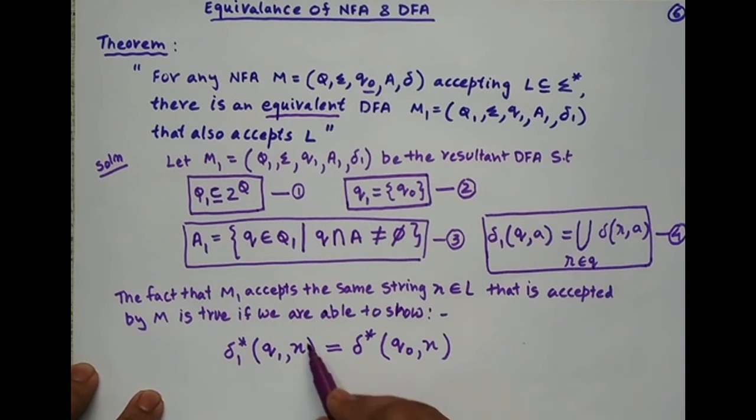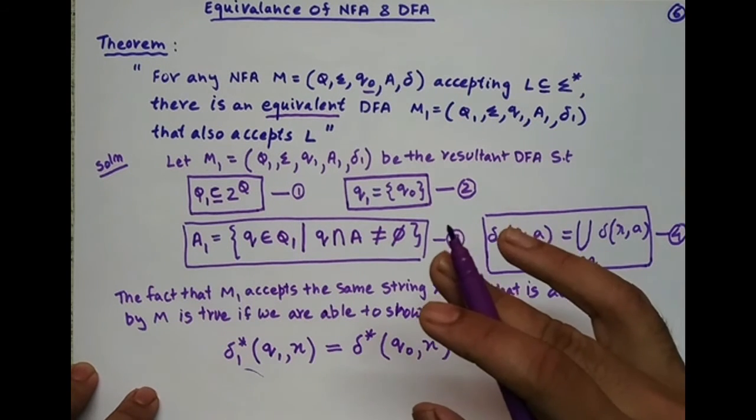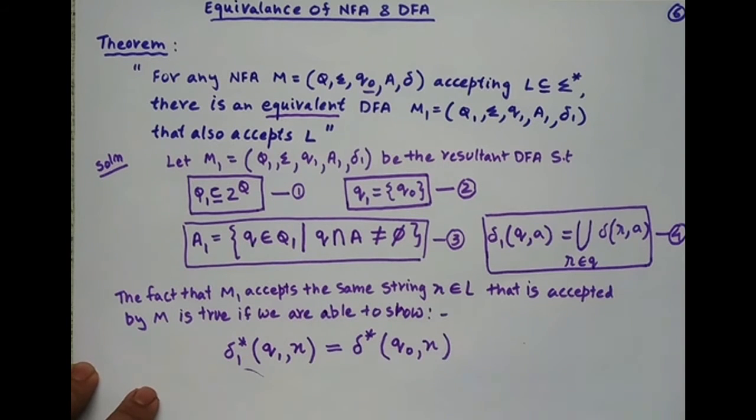If we are able to show that, on taking the same input string from the same language, both the extended transition functions either both reject that string or both accept it, then we say that this DFA is equivalent to this NFA, or in general we say that this NFA has an equivalent DFA. So we need to prove this.